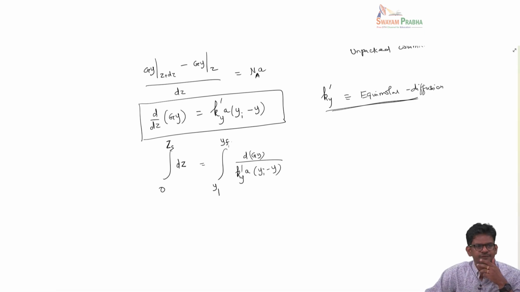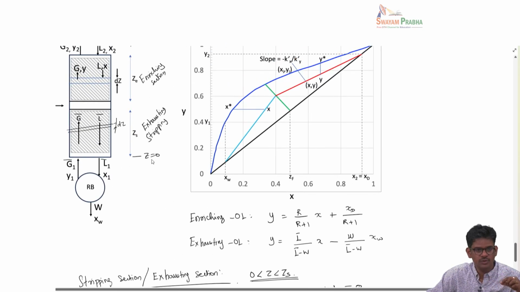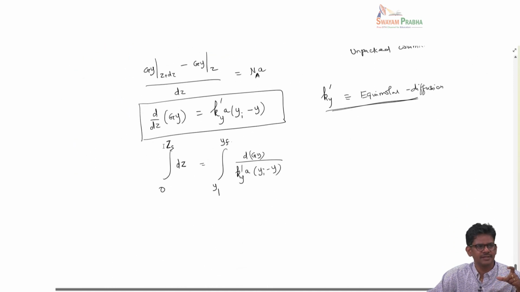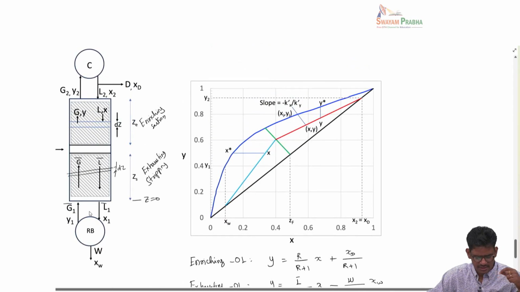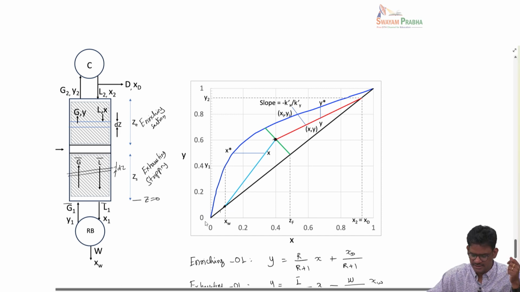So the integration of this equation is only for the bottom of the column. So Z goes from 0 to ZS, that's the part of the exhausting section, and correspondingly the composition of A goes from Y1 to YF. This is basically the limits of the exhausting section, operating line.